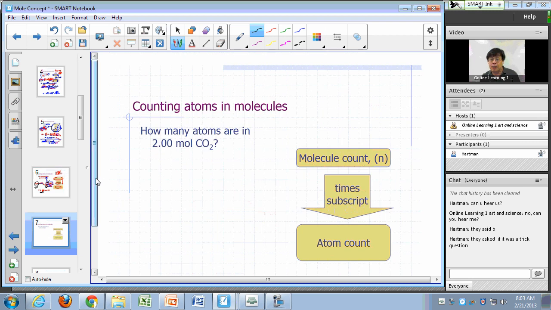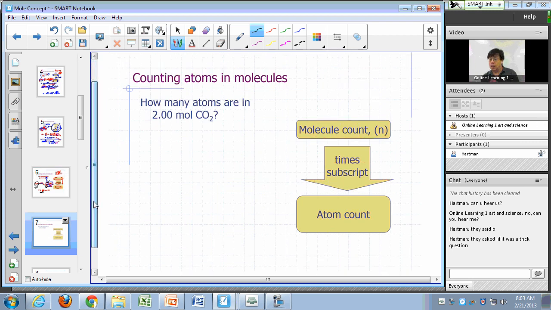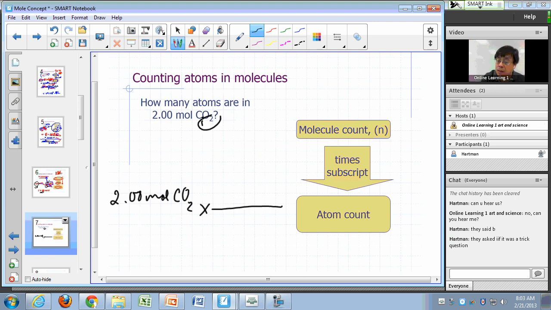How many atoms are in 2 moles of CO2? How would we do this? Well, same thing. You just say, okay, 2.00 moles of CO2 times, well, what's the total subscript here? Carbon has a subscript of 1. So you know that there are 3 atoms in 1 molecule, right?